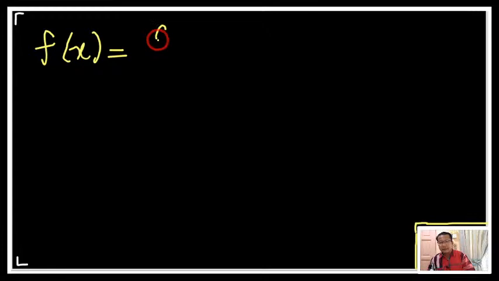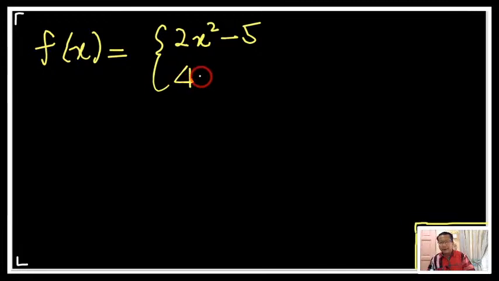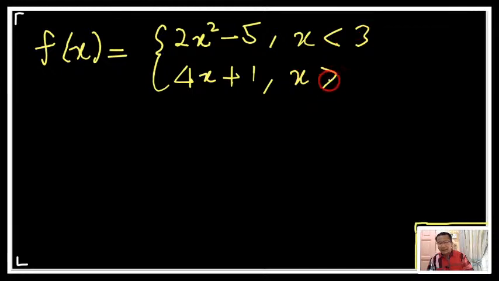Okay, next example. Let's say you have a piecewise function: 2x square minus 5 for x less than 3, and 4x plus 1 for x greater than or equal to 3. So we want to check continuous or not at x equal to 3.